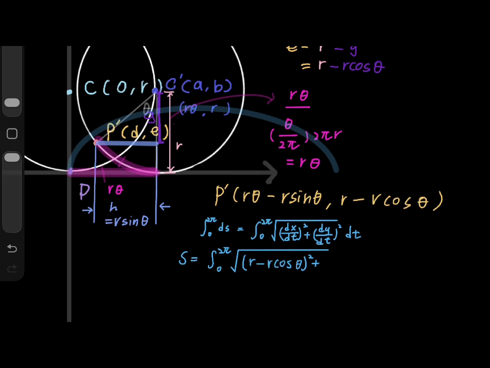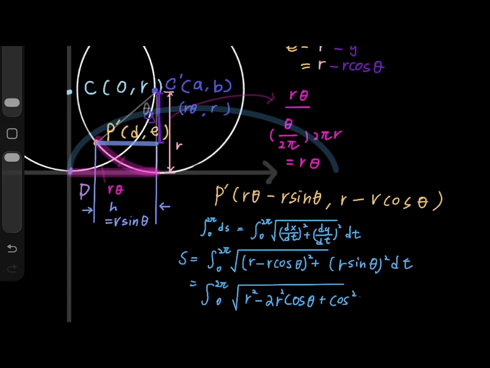And then dy over dt will be R sine theta, and it's squared. Let's make it organized: integration from 0 to 2 pi, square root of R square minus 2R square cosine theta plus R square cosine square theta, plus R square sine square theta.